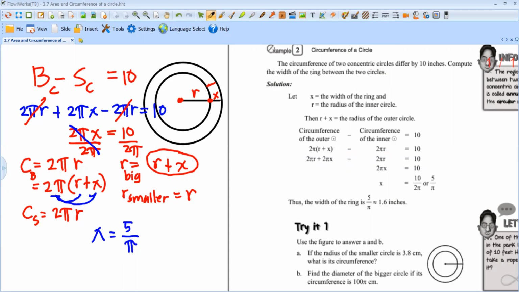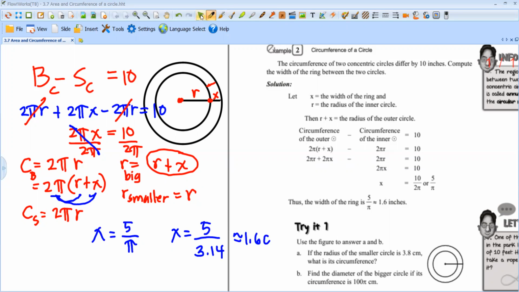Question: compute the width of the ring between the two circles. So since x is 5 over pi, we divide 5 by 3.14. So that's approximately what? 5 divided by 3.14, which you will get 1.6 approximately.